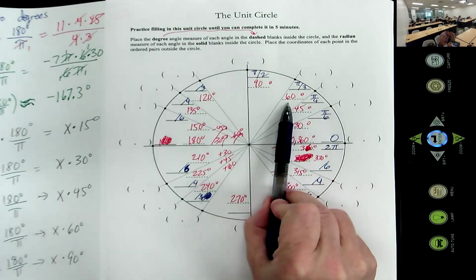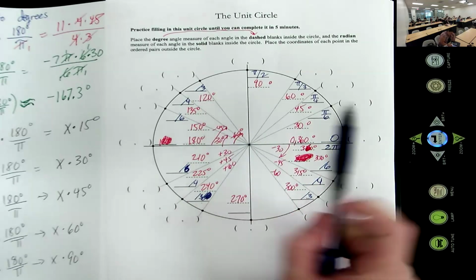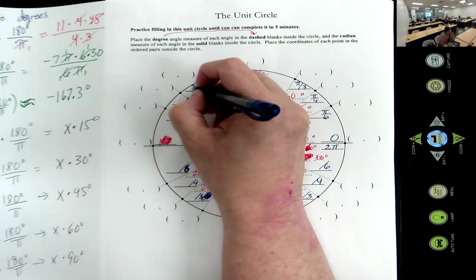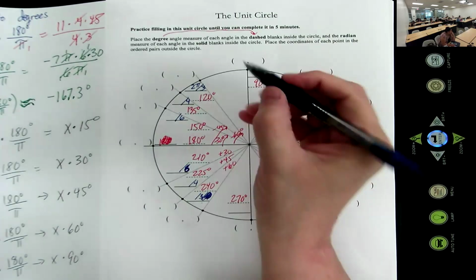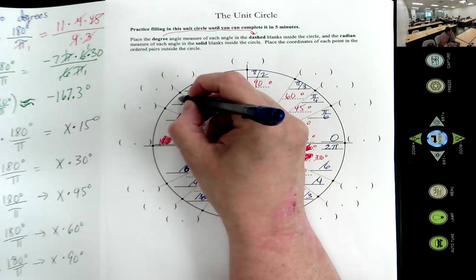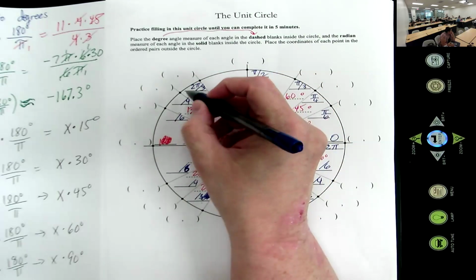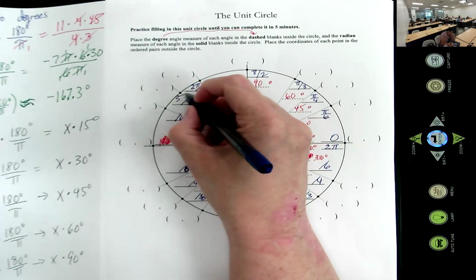If 60 is pi over 3, what should 120 be? 2 pi over 3, right? Because 120 is double 60. That's 2 pi over 3. You're gonna find in this upper left quadrant, quadrant 2, on this circle here, it's always pi times one number lower. So this is 4, I'm gonna put the top as 3 pi.